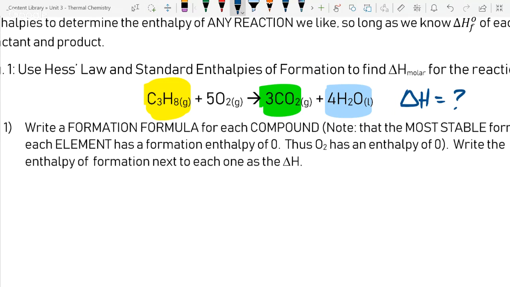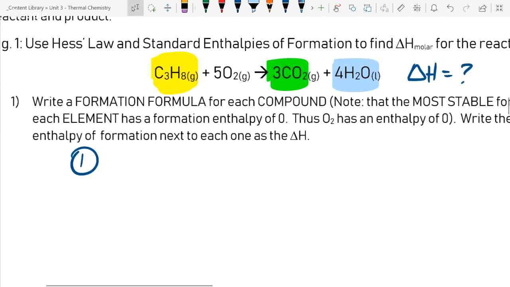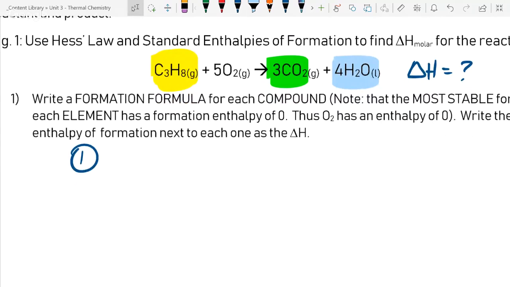So our first reaction is going to be the formation of C3H8. Well, we always make these by just combining what? The basic elements. So we're going to have carbon reacting with hydrogen to make C3H8.